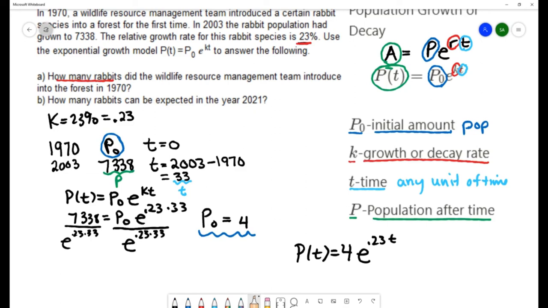We're going to be able to answer this question as long as we know the time after 1970. So t equals 2021 minus 1970, and that's going to give 51 years. So P of 51 years is 4 times e to the 0.23 times 51, and we'll type that in our calculator.